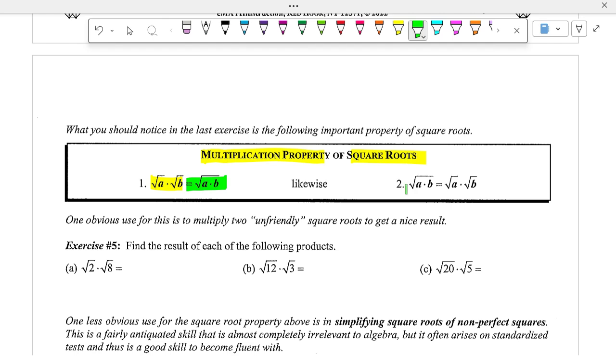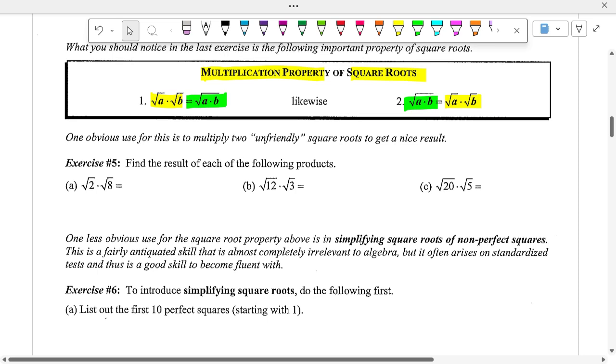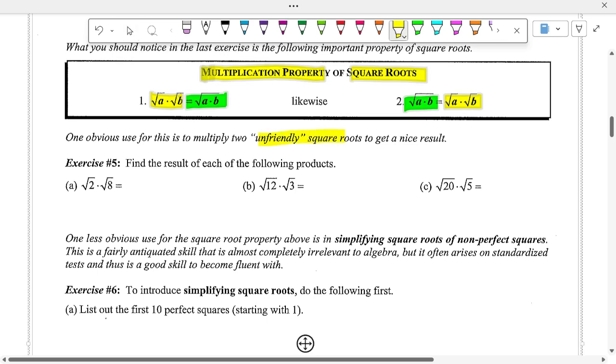If you have the square root of A times B, that's the exact same thing as the square root of A times the square root of B. So in other words, you can either combine them or separate them. We can use this property when we have unfriendly square roots.